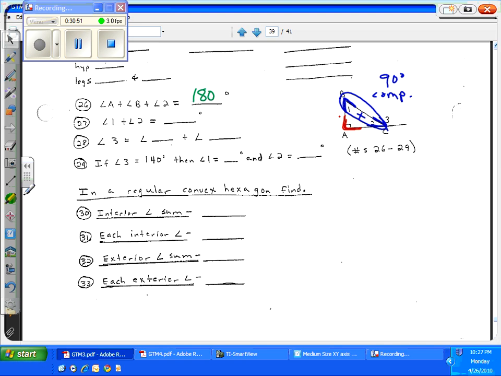And we know that because a triangle is 180 degrees, and if the right angle takes up 90, the other two have to take up what's left combined, which means that their sum is 90, which means that they're complementary. The acute angles of a right triangle are complementary.